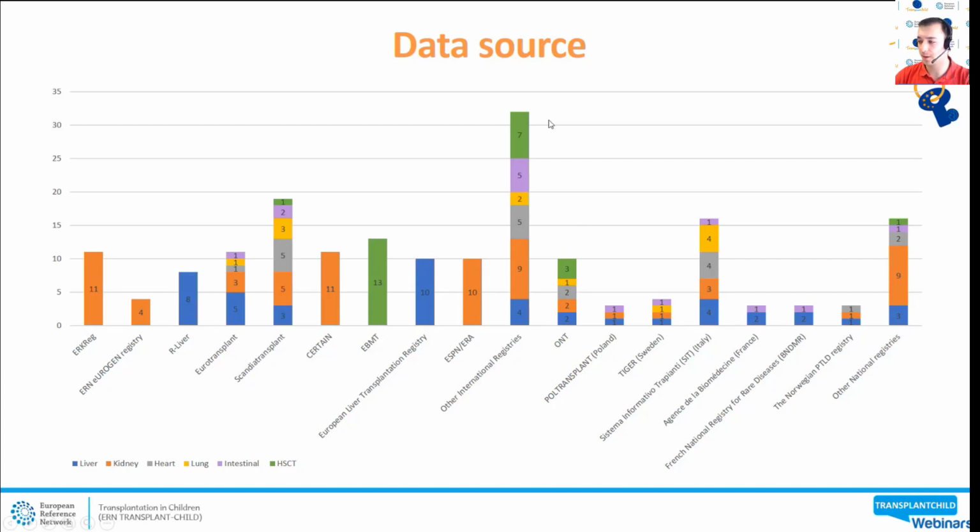But as you can see, there are a whole lot of other registries, both nationally and internationally. And as I said, there are over 40 different registries, and we are expectedly missing some. So it may take some time to actually build an intercompatibility with all of them.